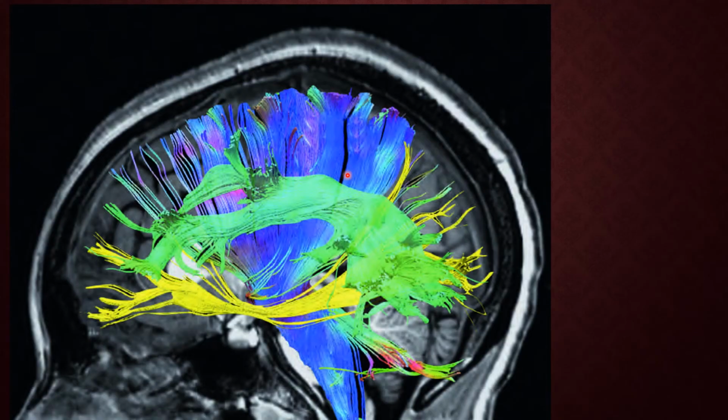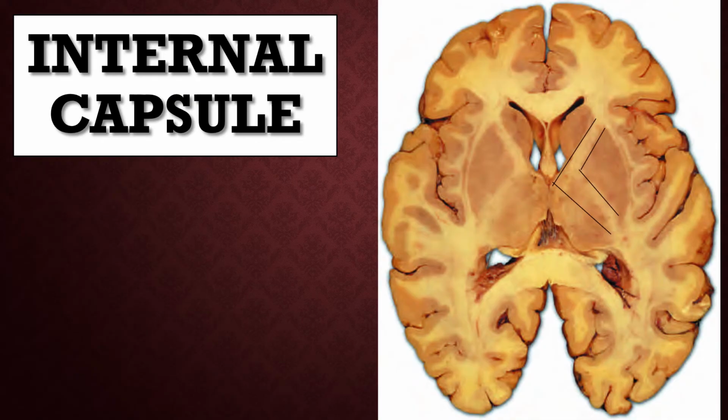And this is a scan image of the corona radiata. This blue-colored structure is nothing but the corona radiata. Then another example is the internal capsule. It has V-shaped fibers which are extending. The location of this internal capsule is lateral to the thalamus and medial to the caudate nucleus and the lentiform nucleus.